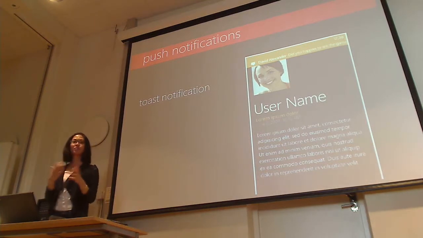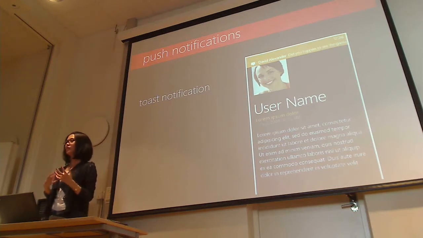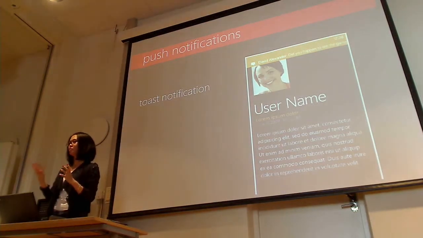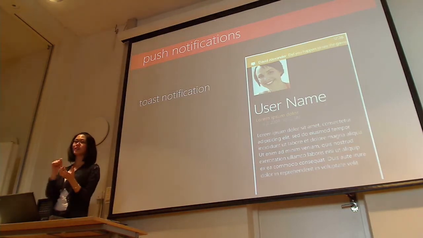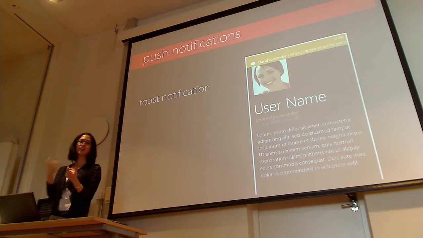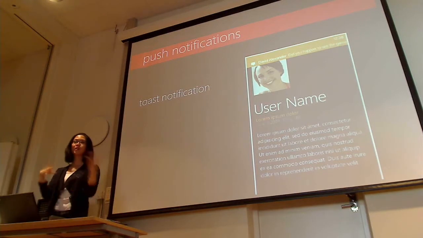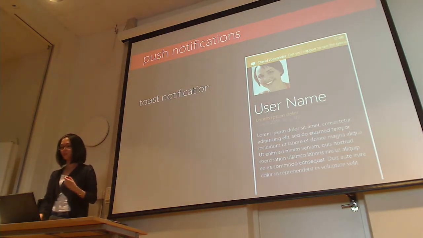So if you have something that is very time critical in your app, you can push out a notification using that space up there. But it's something that is turned off by default. The user has to actively choose in your app that they want your application to notify them that way, because it can be very abrupt for the user experience if every app started pushing out those things. But it's something that you can use in your app.